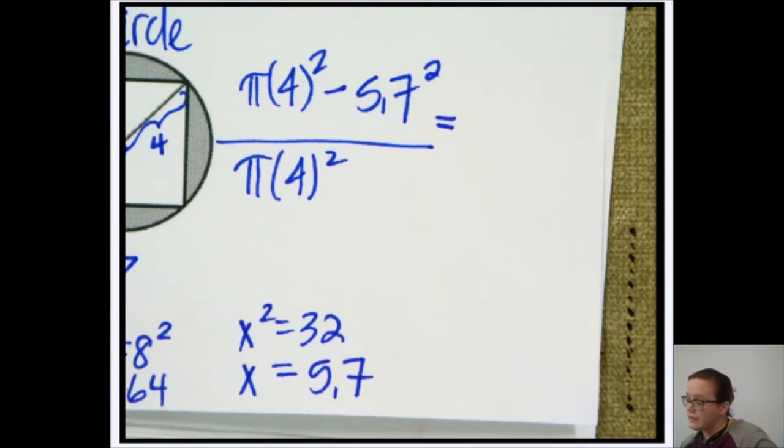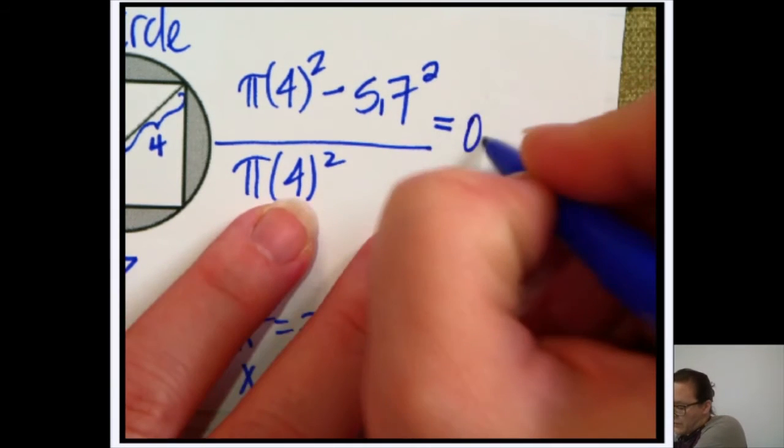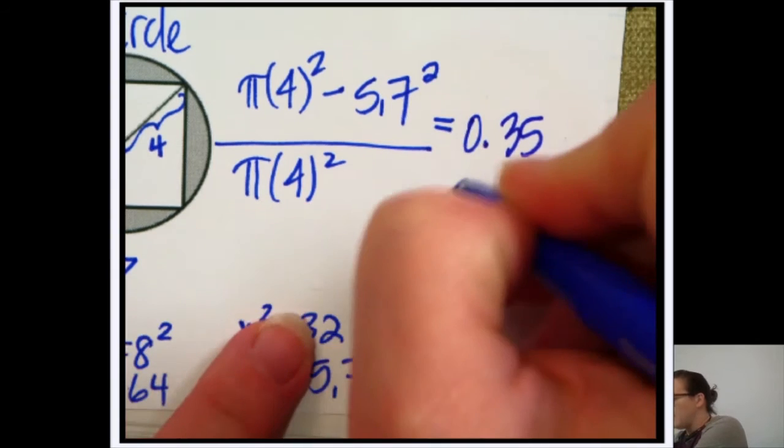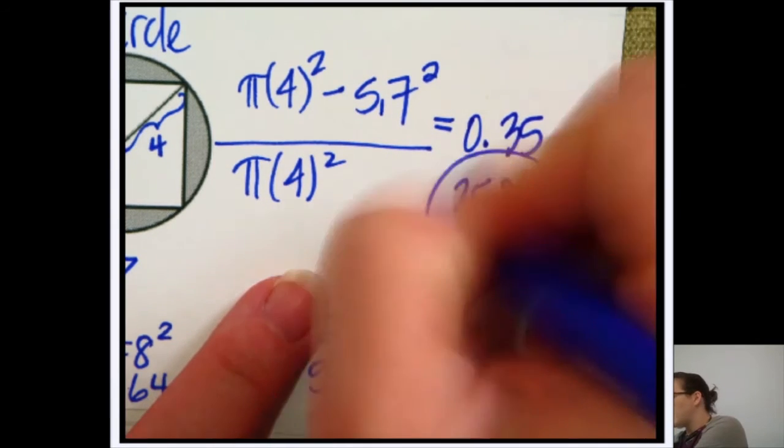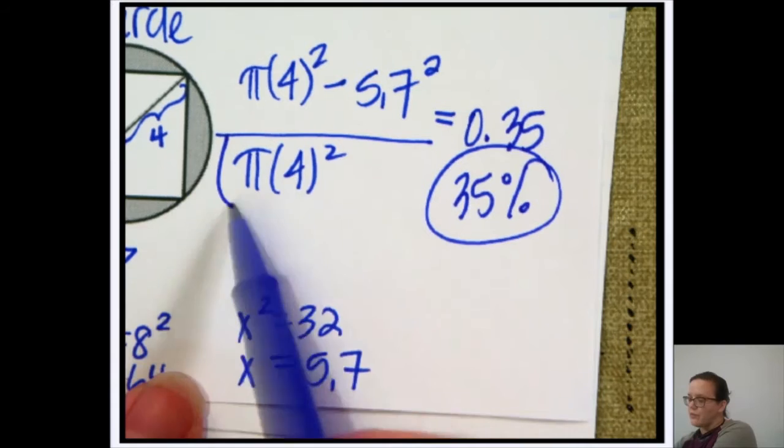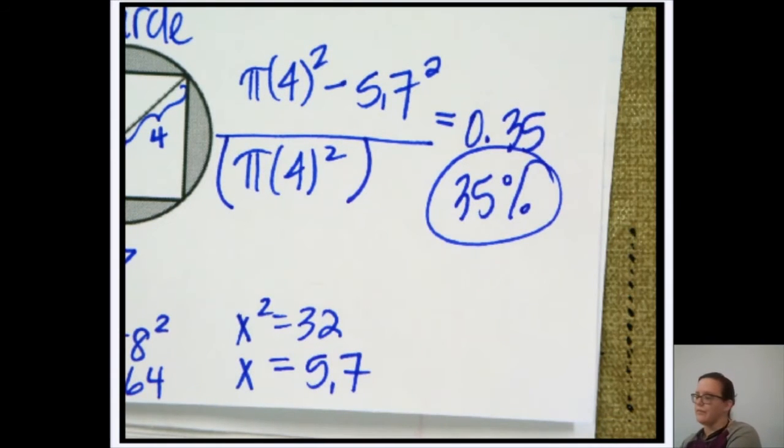So 16 times 3.14 minus 5.7 squared, and then we divide it by 16 times 3.14, should get about 0.35 or 35%. Be careful here, you're going to want parentheses around that. If you don't get that, that may be what happened. So is this a fair game? No, it's better than the game that we just did, but it's not a very fair game either.